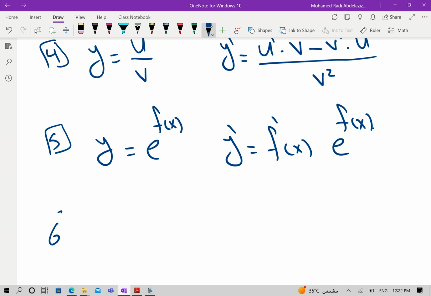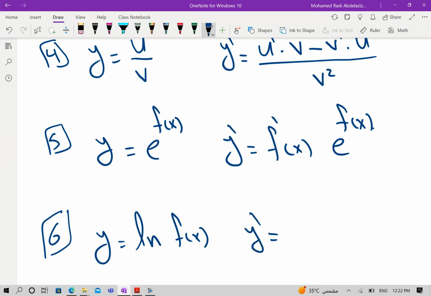Number 6, if y equals ln f of x, so y dash is fraction f dash x divided by f of x. Clear? Solve exercise 1, 2, 3, and 4.